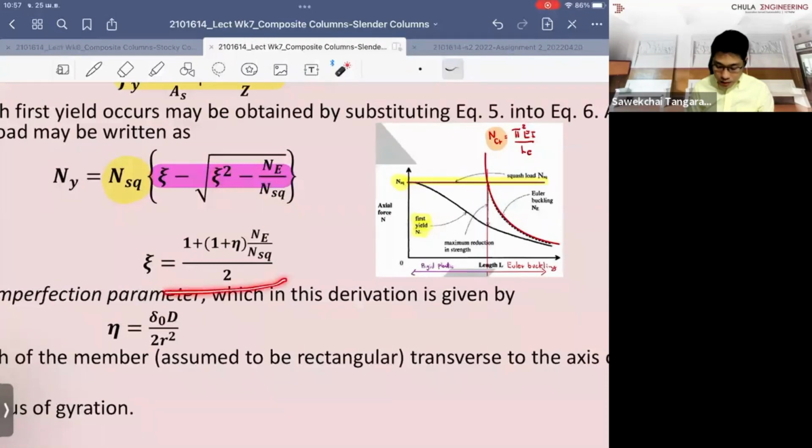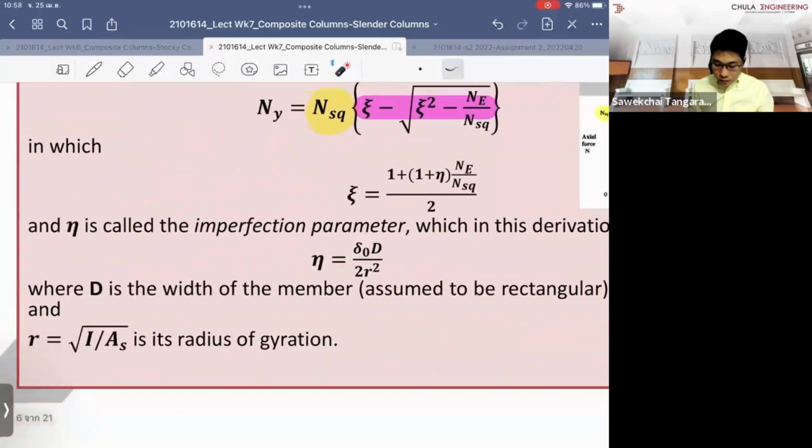The epsilon has been given by this formulation in terms of the eta terms. This has been written in terms of the initial imperfection, eta naught, times the width of the column, divided by i r, which is the radius of gyration.